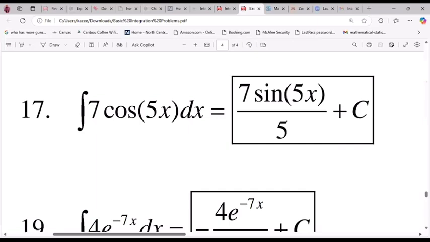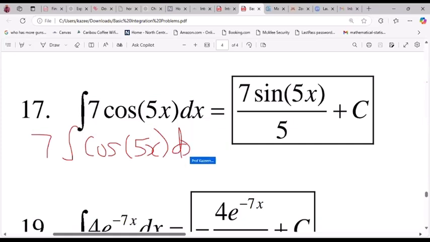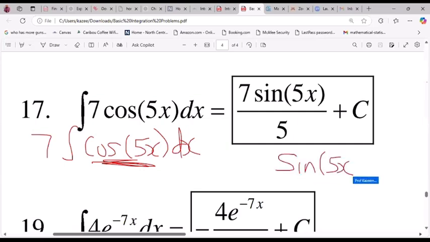I'm going to write 7 out, and put cos 5x dx. Integrating cos something is sine. I first write all of that: sine 5x, right? Then I'm going to say divided by.